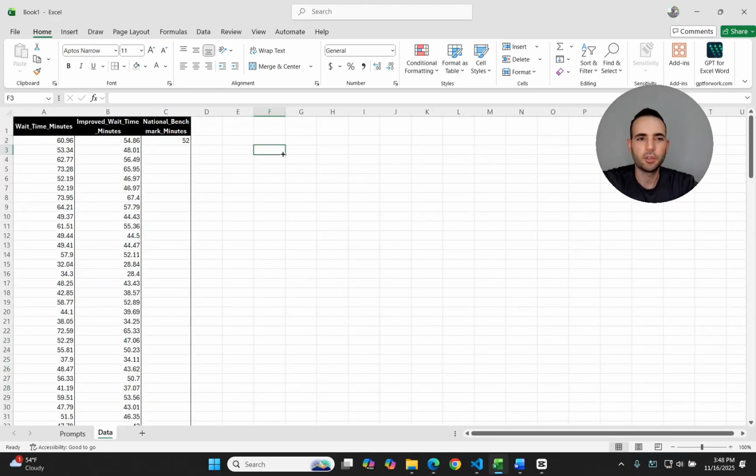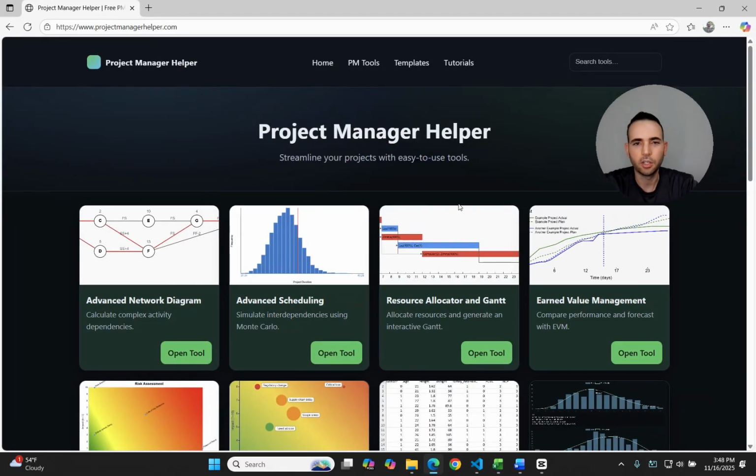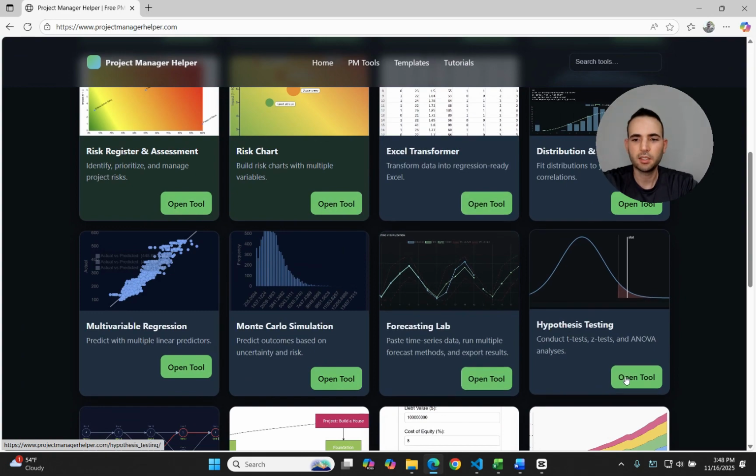Here's the data. First, I'll show you how to do it in projectmanagerhelper.com because it's very easy and fast to do. All you have to do is select the wait times in minutes and remember the national benchmark. Go over to projectmanagerhelper.com and find hypotheses testing.